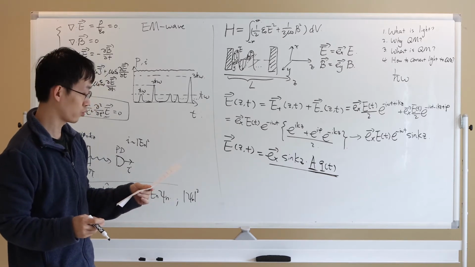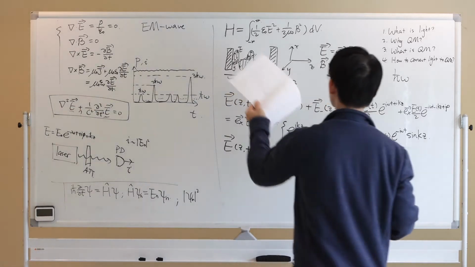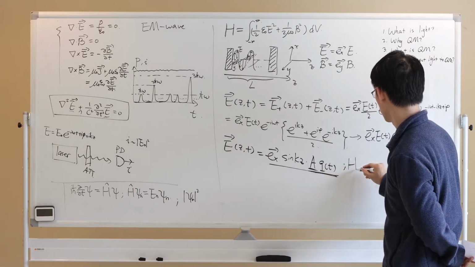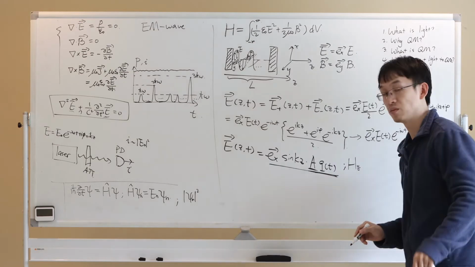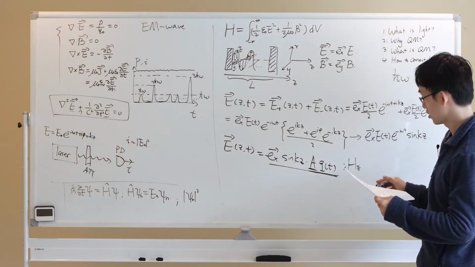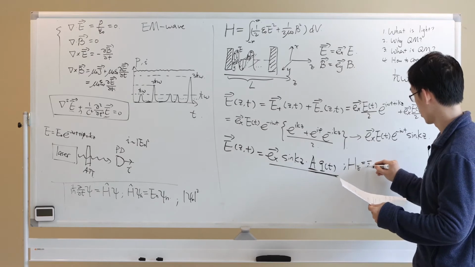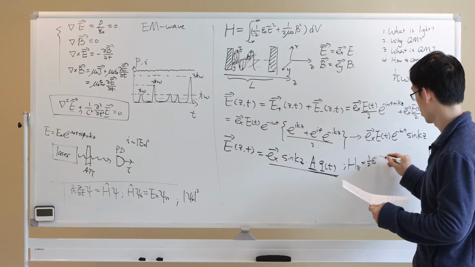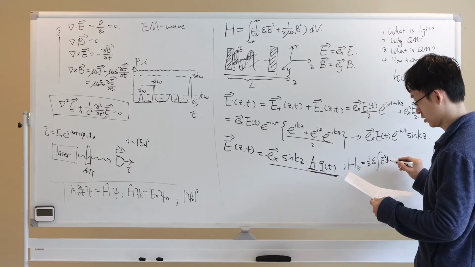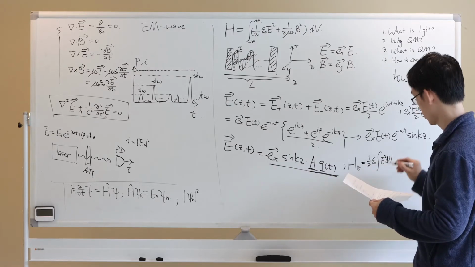Now let's do a quick calculation to see the H, let's say H_E, meaning the energy for the electrical wave part, and that's 1/2 epsilon, integral of E square dV, right?